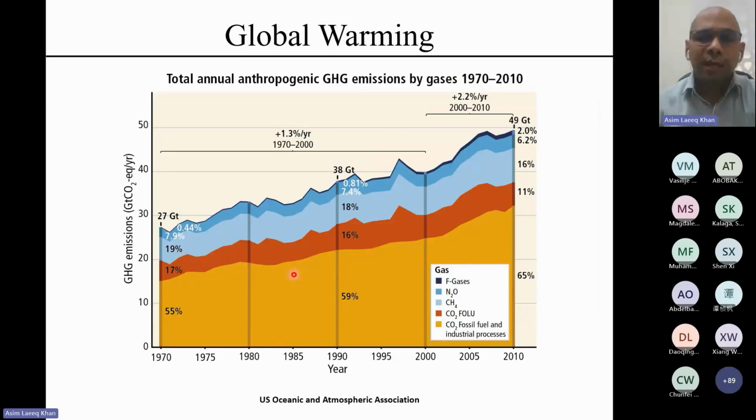But when we look at the numbers of different gases and emissions, we see the most staggering number, the highest number when it comes to greenhouse gases is for CO2, which still accounts for about 65% of global greenhouse gas emissions. And when it comes to CO2, it's mainly fossil fuels, different industrial processes, and meeting energy demands.